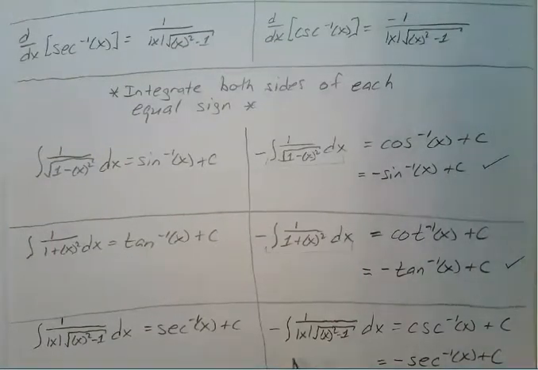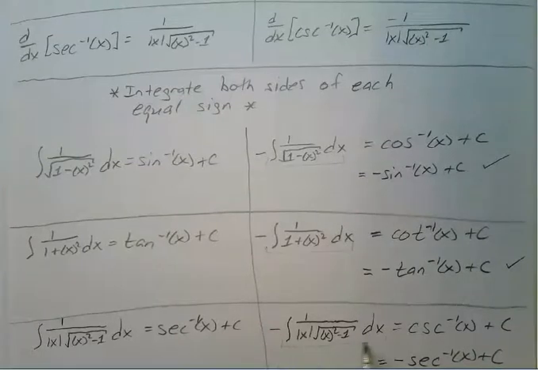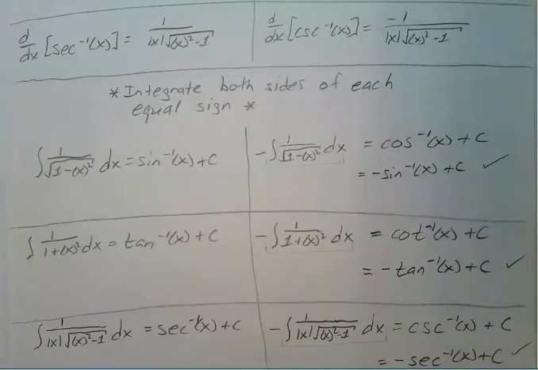We end up with the integral of 1 over the absolute value of x times the square root of x squared minus 1 dx is equal to secant inverse of x plus c. Or, once again, if we pull that negative out to the front, it could equal negative cosecant inverse of x plus c.